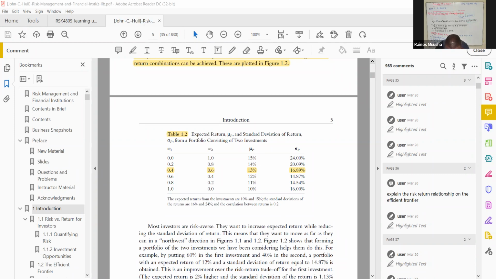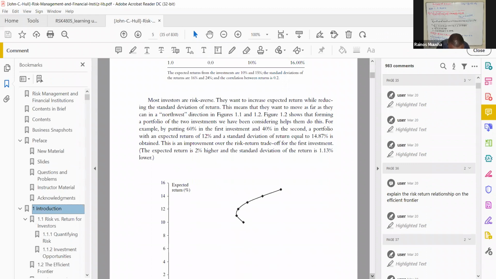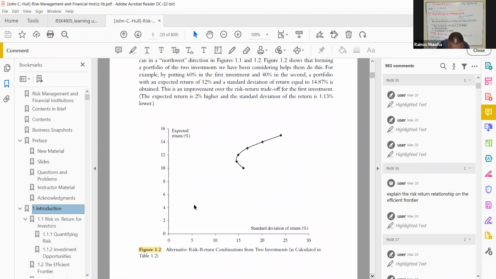So they are basically saying this information can be plotted on a graph, where, for example, when your standard deviation was 15 point something, your expected return was around 10%.